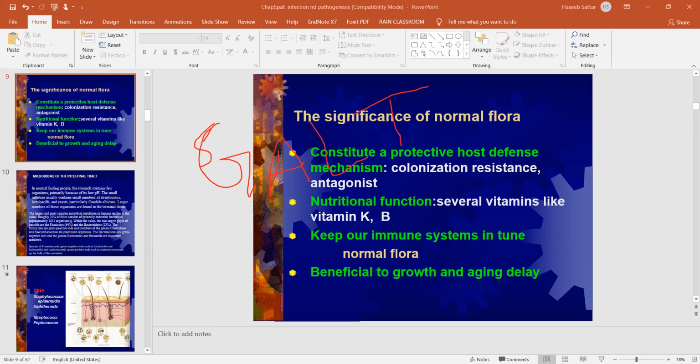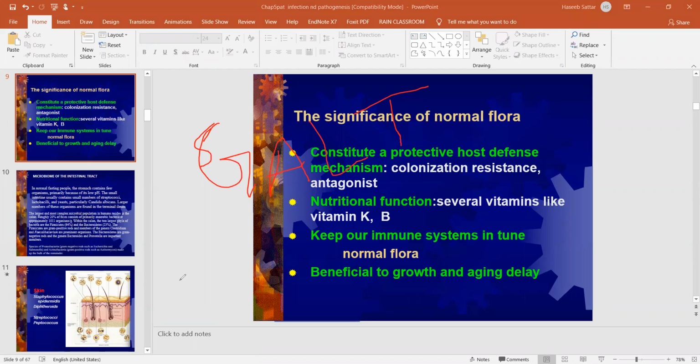Next, these bacteria colonize our normal cells, tissues or areas, so they prevent the colonization of some pathogenic bacteria.